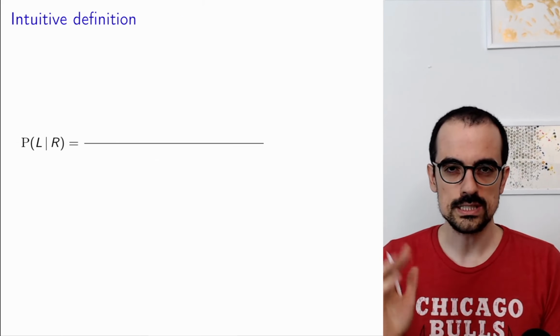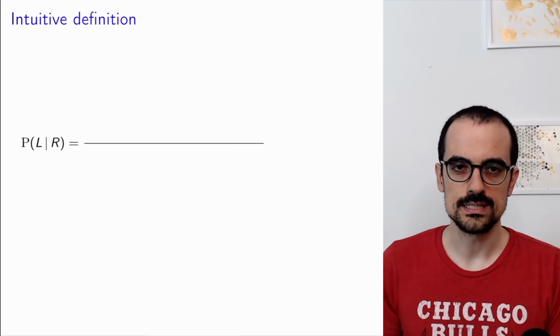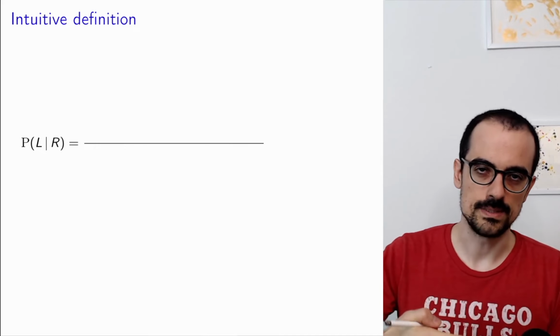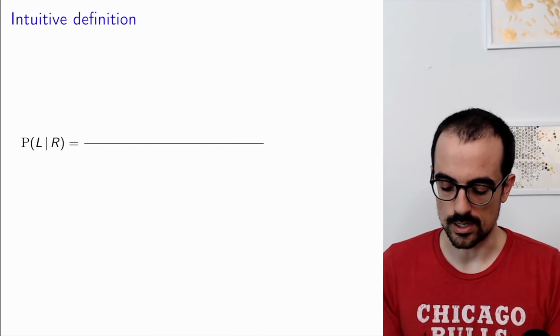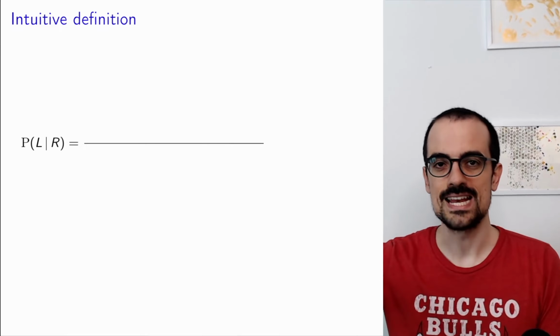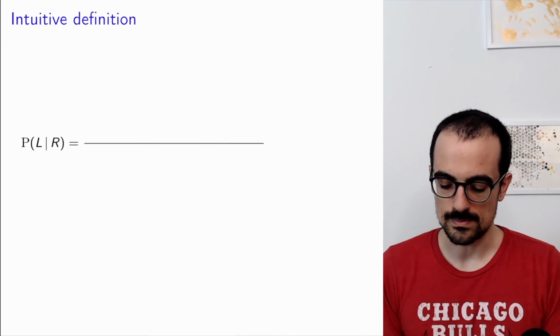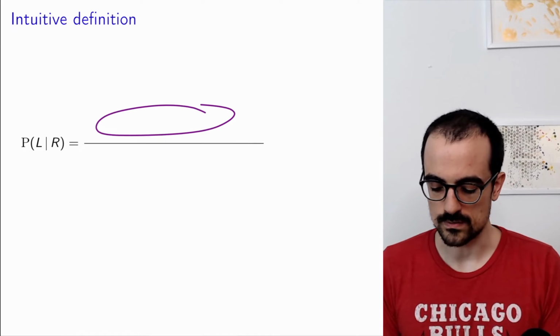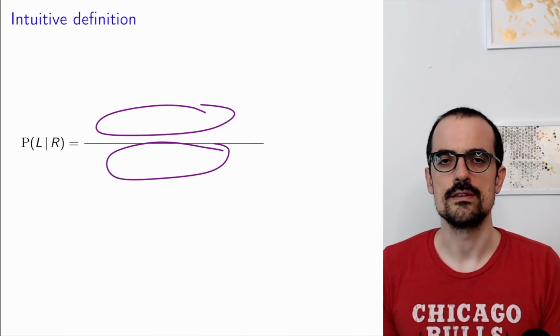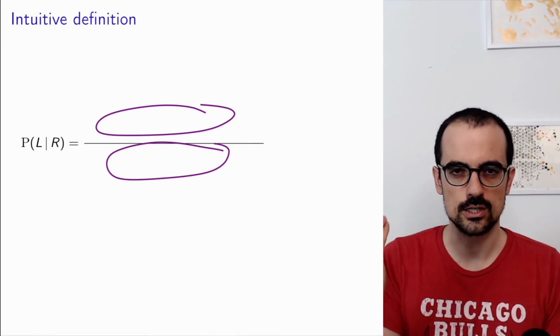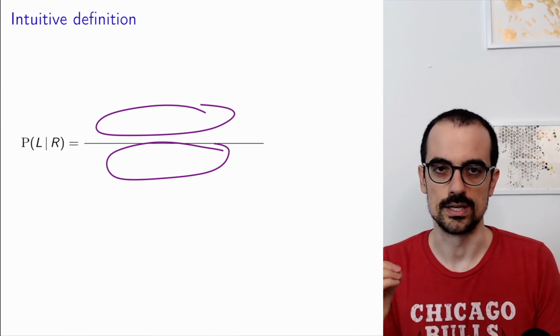So, intuitively, what should be the conditional probability of L given R, of a flight being late given that it rains? Before, if you remember, we repeat this experiment many times, and we see how many times the flight is late over the total number of repetitions. That gives us the probability of L. How should we modify this so that we have the concept of conditional probability if it rains?